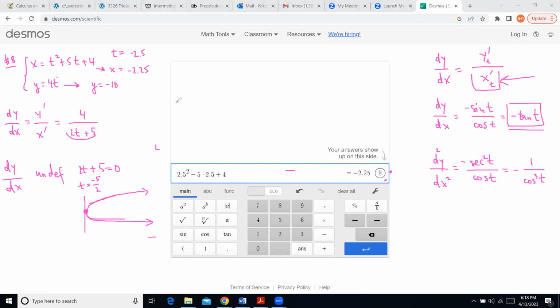And this way I can have my graph produced, right? Because the point we have here has coordinates -2.25 for x and -10 for y. And so my x-axis is going to be someplace here.